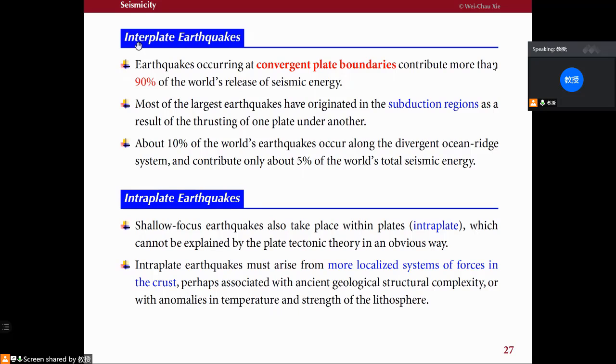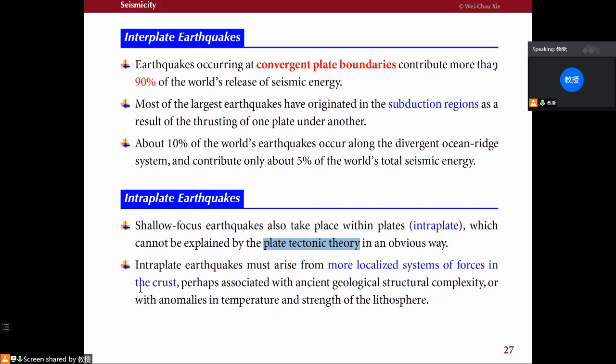This is between plates. We also have intraplate earthquakes. Shallow focus earthquakes also take place within plates, or intraplate, which cannot be explained by the plate tectonic theory in an obvious way.